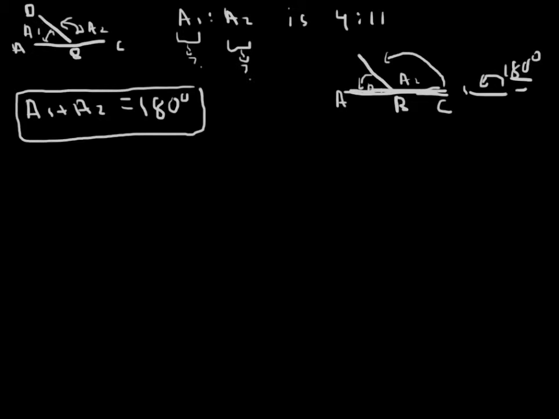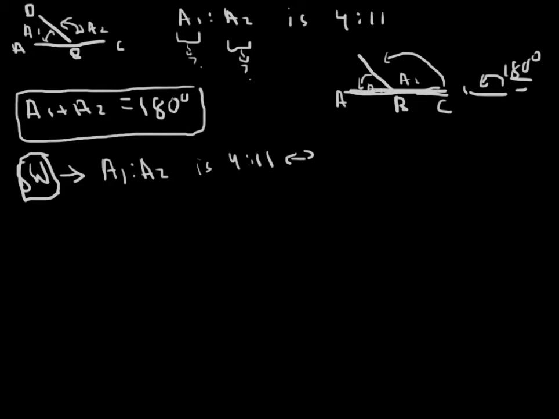So how do we do a question like this? Well, the second way of solving is you note that A1, A2 is 4 to 11.